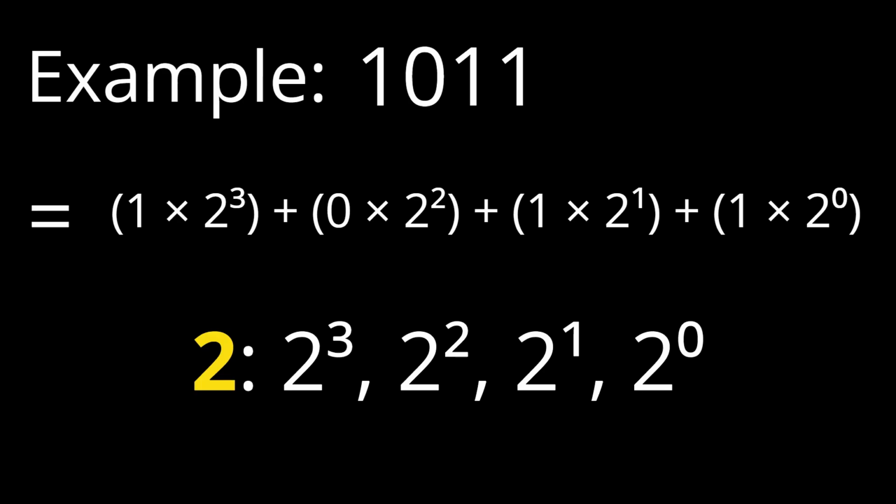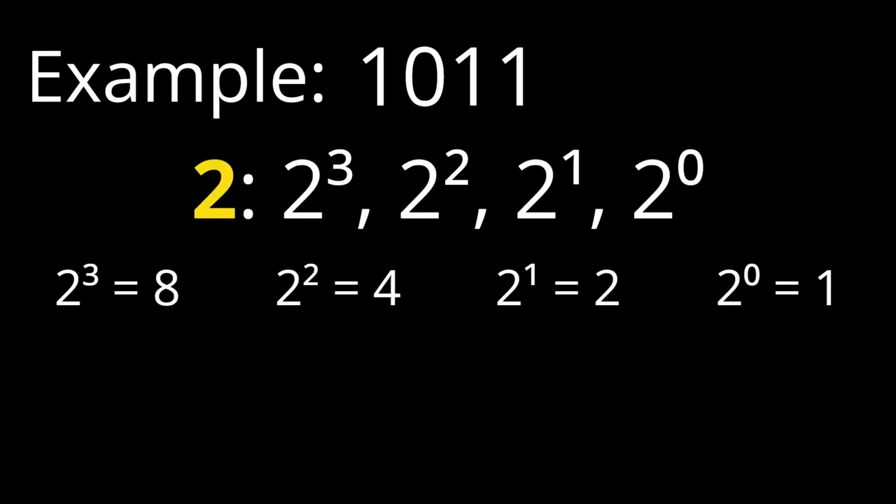But in binary, using the example 1011, we start with 2 to the 0 power, 2 to the first power, 2 to the second power, and 2 to the third power. Because the binary number 1011 has 4 digits, we will write 2, 2, 2, 2. We write 4 2's matching the number of digits.